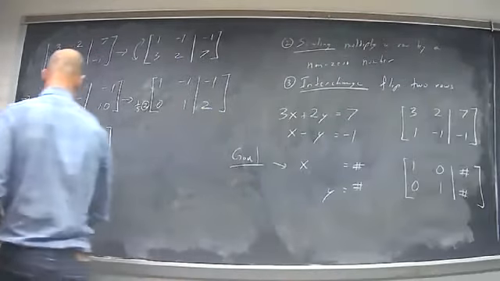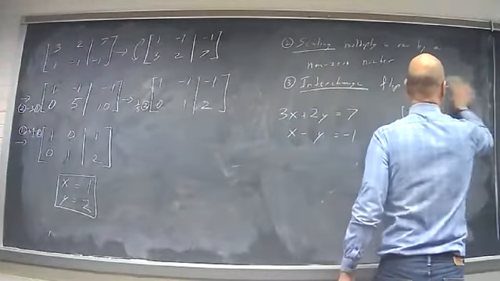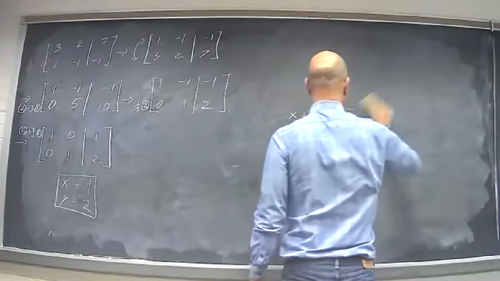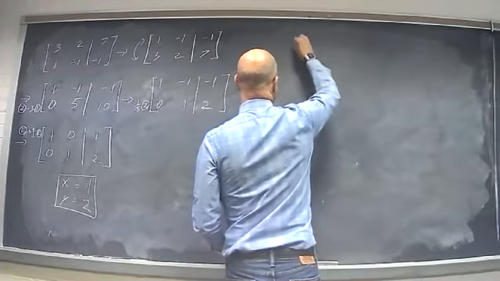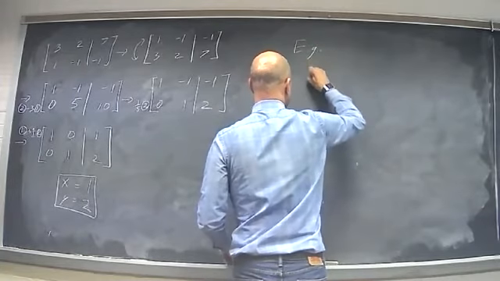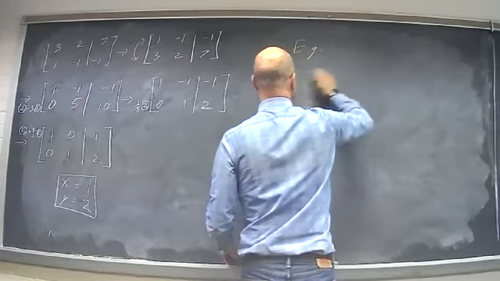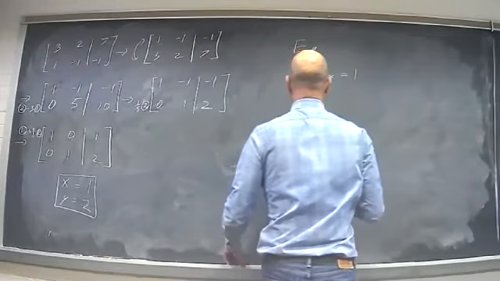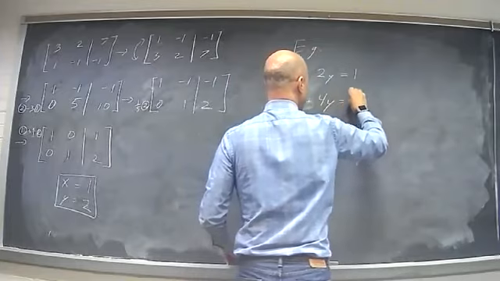Let's try a different one. X plus 2y equals 1. 2x plus 4y equals 3.